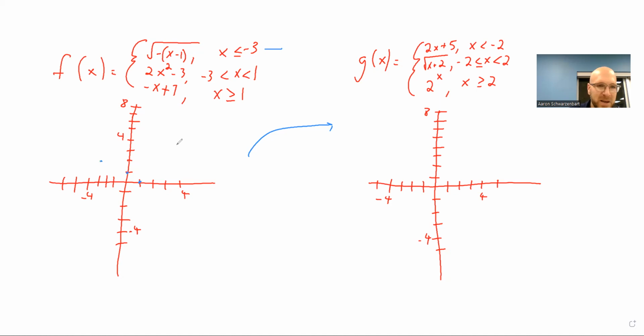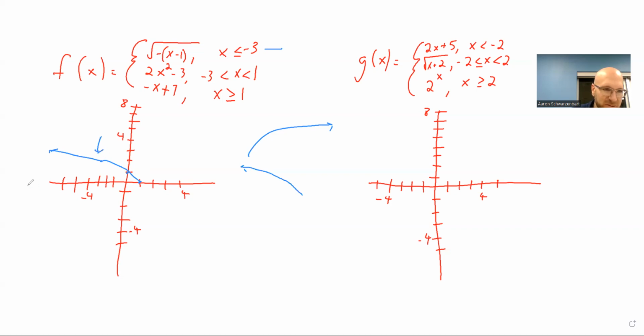And now I know that I have a square root that looks kind of like this. Because of this program, I can't erase nicely. So I'm going to drop those points. But basically, I'm going like this. And I'm only keeping the part, and I'll redraw this in a second, that's after -3 here.